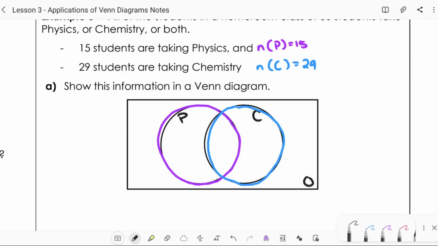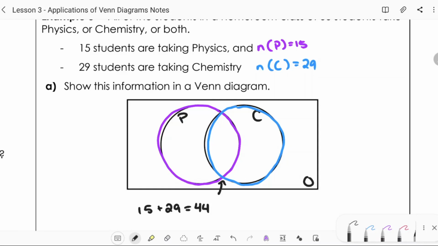Well, I know there's 35 kids in the class, but if I'm thinking about these 2 situations, let's again try to figure out this intersection first, where I'm talking about P intersect C. Right now, I know that 15 students are taking physics and 29 students are taking chemistry. If I add that up, that gets me to a total of 44, right?